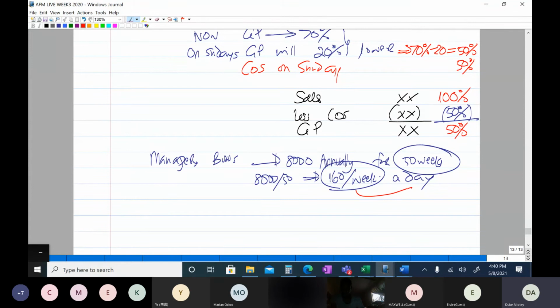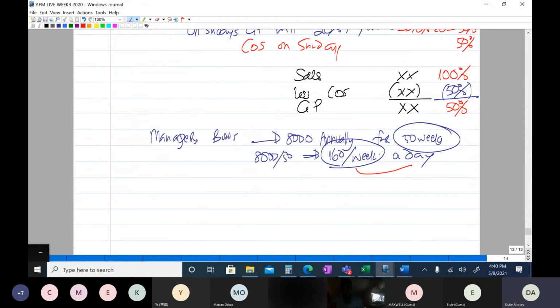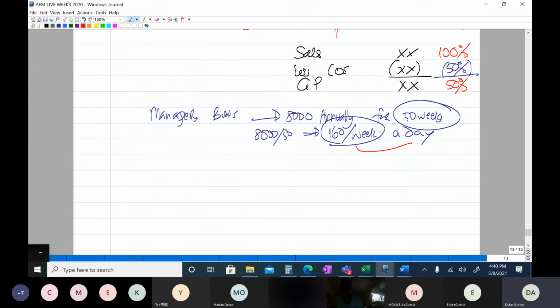So every Sunday he only gets effectively 160 dollars, because this 8,000 is what he gets for the whole year for all the Sunday work. And if it's 50 weeks, then effectively he gets 160 per day.